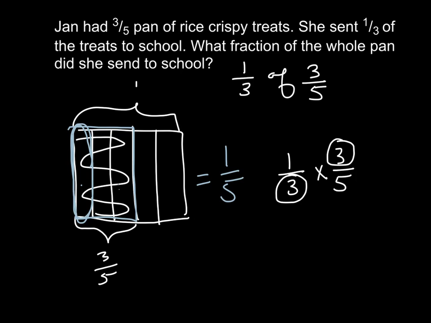So when I multiply 3 times 5, that means that I will have to divide both the numerator and the denominator by 3 to find simplest form. So I'm actually going to divide them both by 3 before I multiply. 3 goes into 3 one time, 3 goes into 3 one time. Then I have 1 times 1 equals 1. 1 times 5 equals 5.